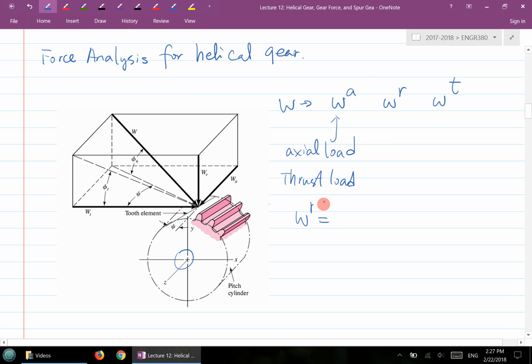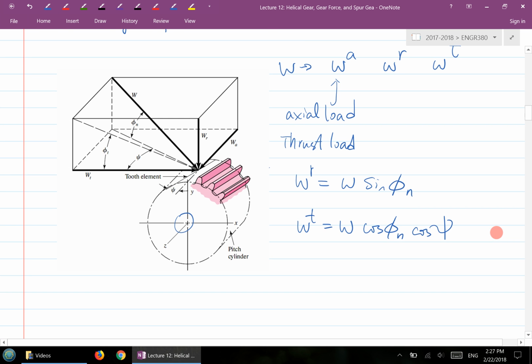In terms of mathematics, it is quite simple here. You can calculate your WR as W times sine pressure angle phi n. So this is the pressure angle, right? WR equals W times sine phi n, and then WT equals W times cosine phi n times cosine helix angle phi.